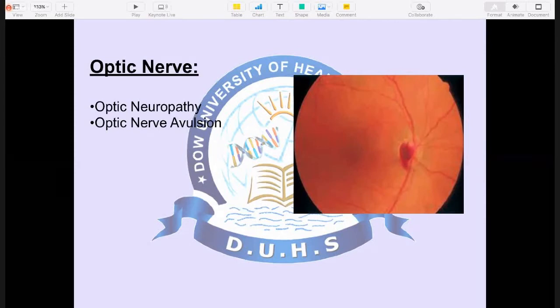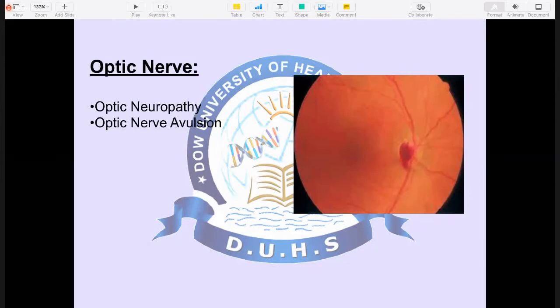In the anterior chamber, you can get a hyphema. The pupil can be dilated or constricted, depending upon whether the constrictor or the dilator muscle is damaged. You can have iridodialysis, which means the iris is torn away from its root and you can get two pupils. The lens can develop a cataract, it may subluxate or it may dislocate.